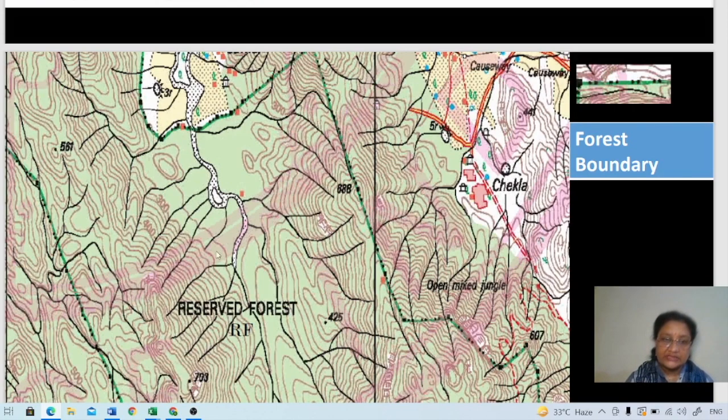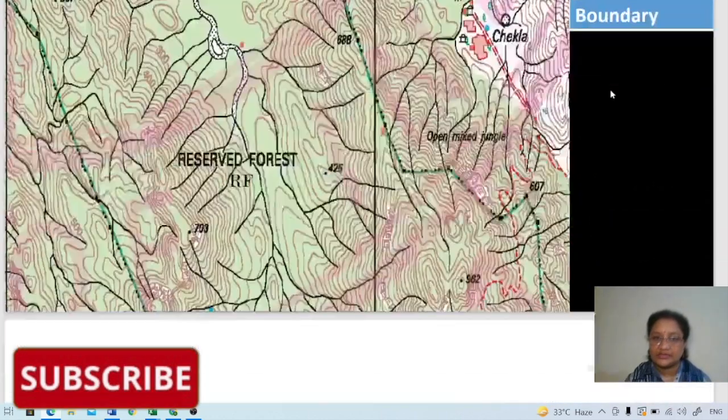You can see it is written over here, reserved forest. The symbol for it is RF in capitals, and when it is shown in this manner, the boundary is always shown till the reserved forest is present. So this is the boundary of reserved forest, shown with this symbol: one green line, and in between small black dots.